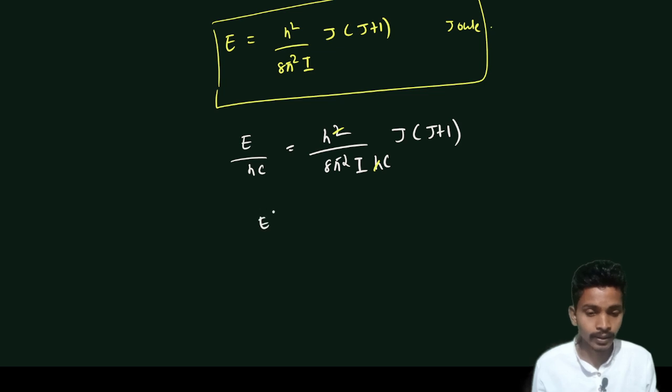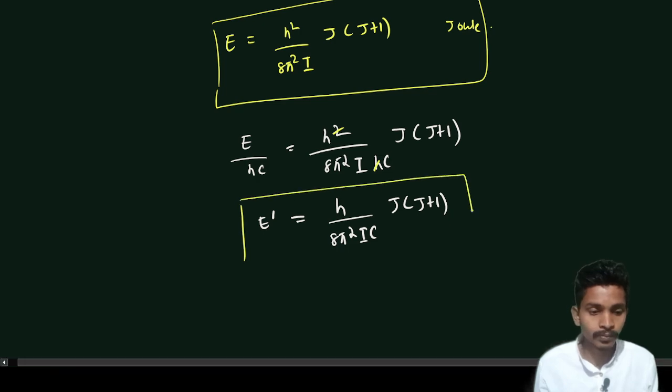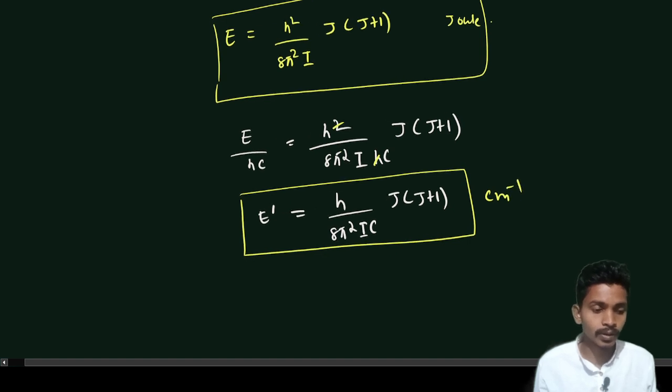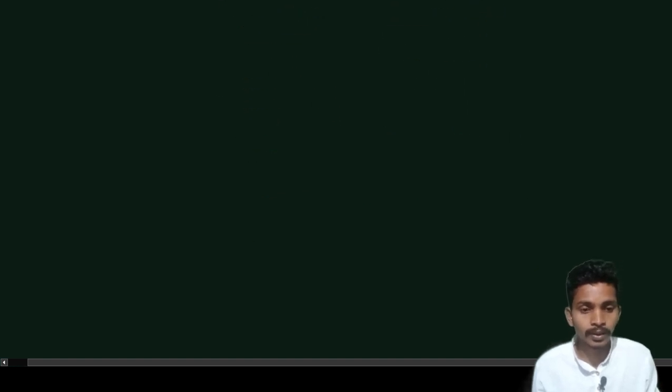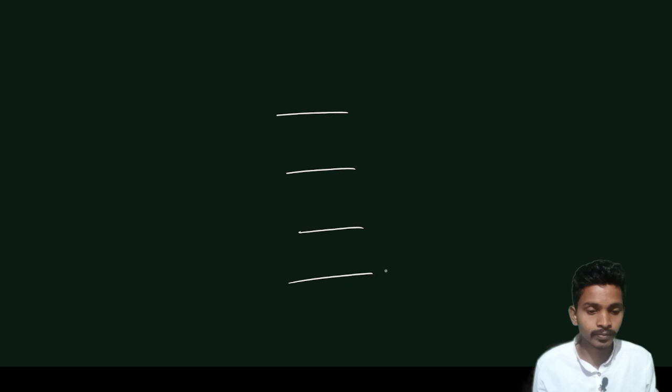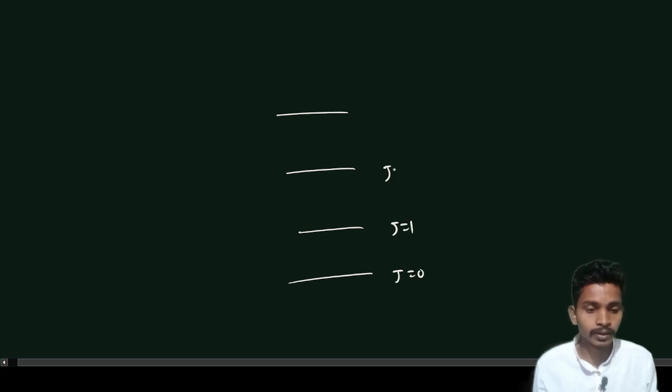Let's take this as E dash, then this is h / (8π² I c) × J(J+1). This is the equation in centimeter inverse. We use this equation to derive the energy levels: this is J equal to 0, this is J equal to 1, J equal to 2, and J equal to 3.